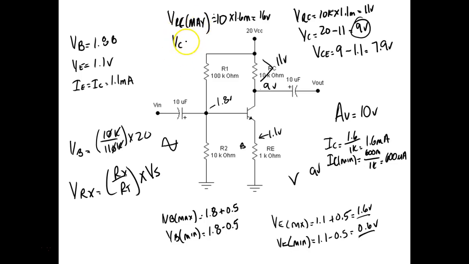So VC minimum would be equal to 20 volts minus 16 volts, which would give us 4 volts. So if VRC goes up, then VC is going to go down, right? Y'all understand that?